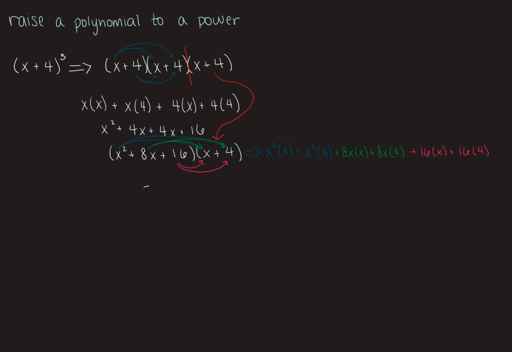This gives us x to the third plus 4x squared plus 8x squared plus 32x plus 16x plus 64. Combining like terms gives us our final answer of x to the third plus 12x squared plus 48x plus 64.